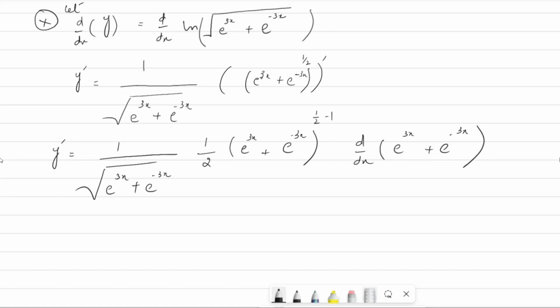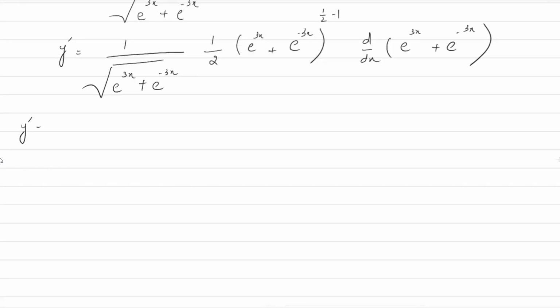So let's move on. So the y derivative is equal to 1 upon e raised to the power 3x plus e raised to the power minus 3x into 1 upon 2, and this answer will be minus 1 upon 2, and when it goes down, it will be positive 1 upon 2.